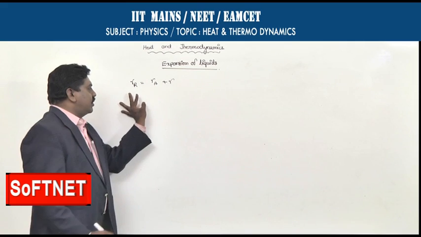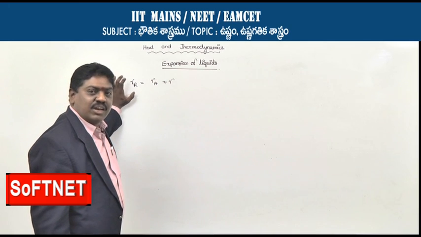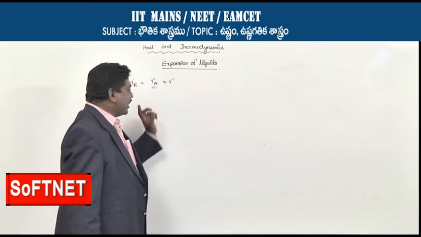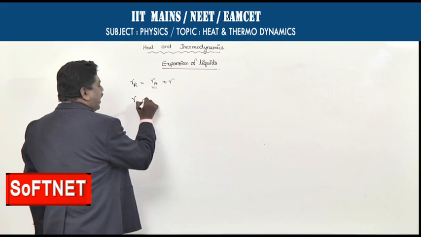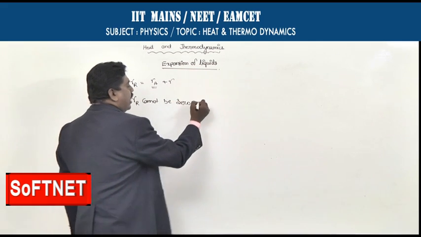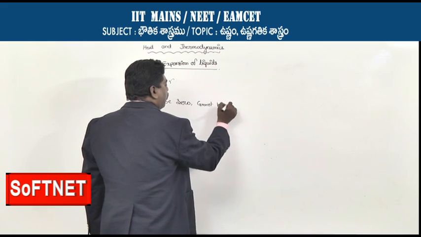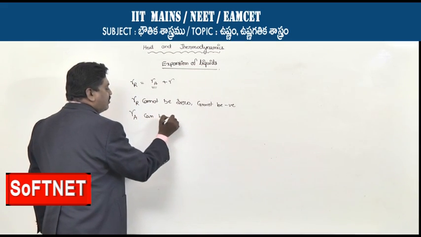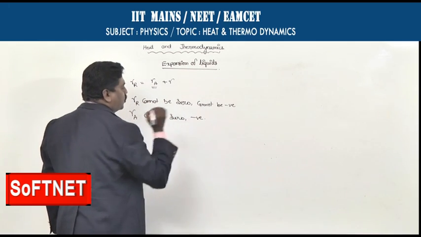In this case, gamma R is independent of container expansion. It does not depend upon the container expansion, whereas the coefficient of apparent expansion depends upon the container expansion. Gamma R cannot be 0, cannot be negative, whereas gamma A can be 0, can be negative also.